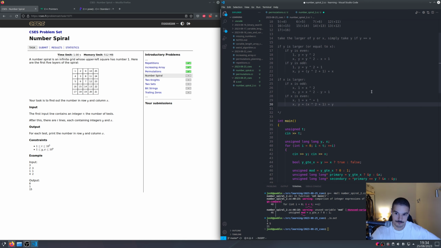Okay. But then down here, is this right if, for example, y is odd? So let's do 5, 2 should be 18.